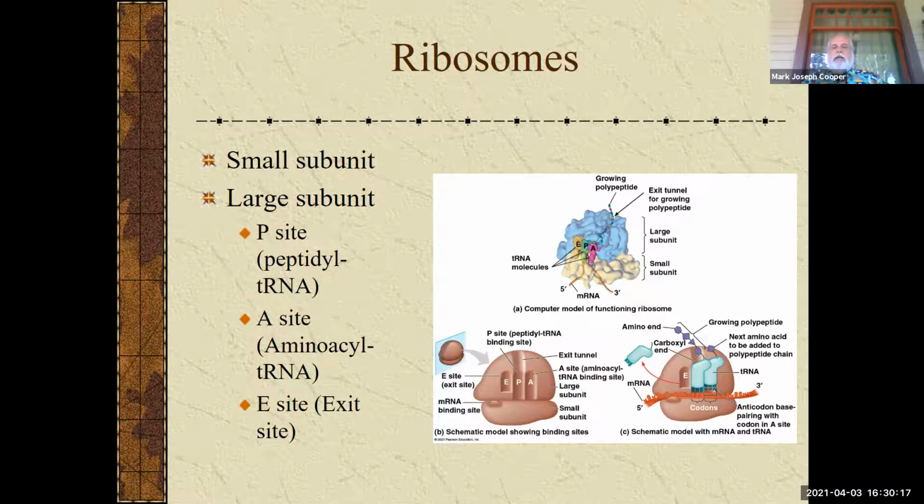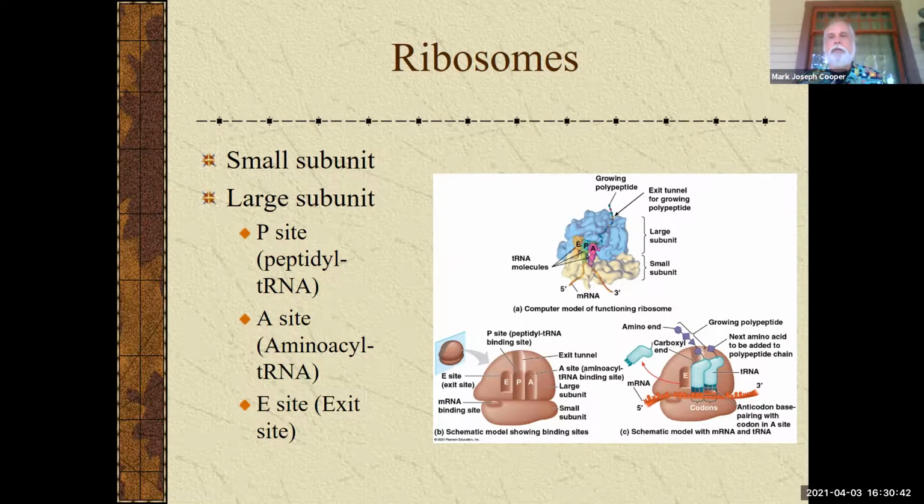All right, the E site is a newer site. It's in the last couple of editions, but it's called the exit site. That's where the transfer RNA gets shipped off to when it has lost its amino acid, and then it exits obviously back into the cytoplasm. Okay, so that's what you need to know for ribosomes.